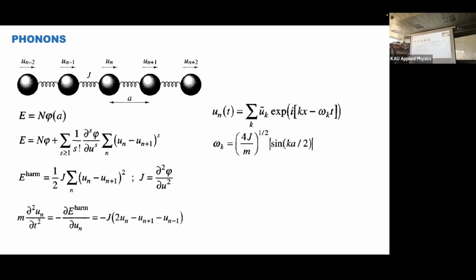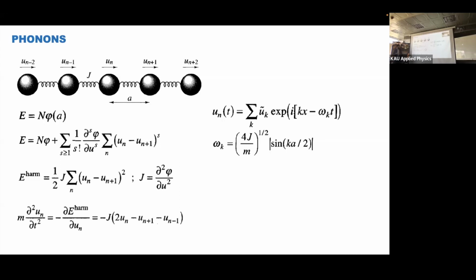Then we can calculate the total energy, because all of them are just connected by Hooke's law. It's like J x squared divided by 2, where x is the difference between coordinates of neighbor atoms. So I can write the total energy of the system as N multiplied by phi, the energy between two of these balls.